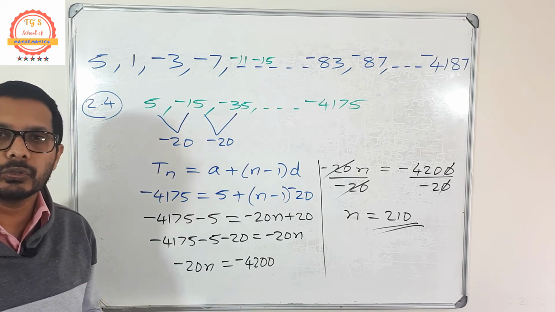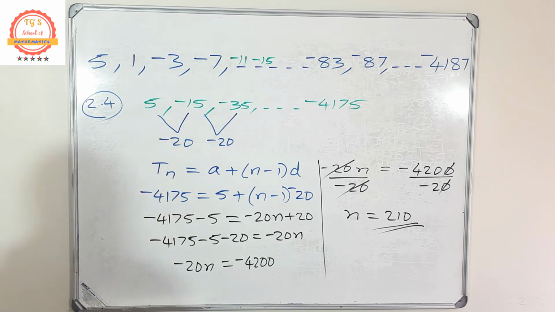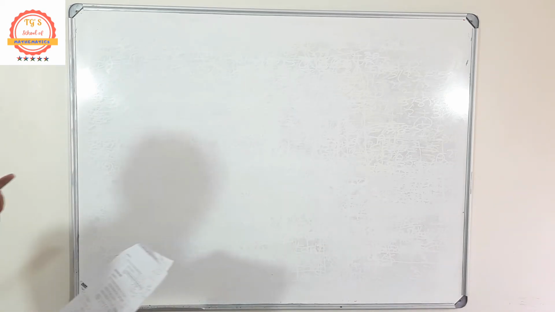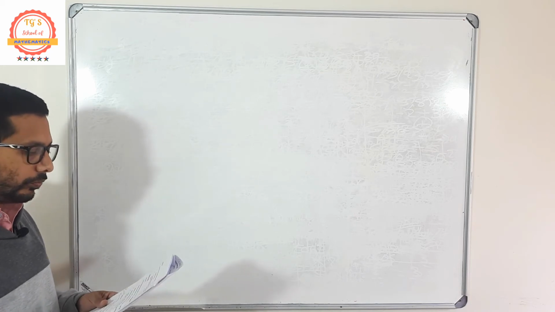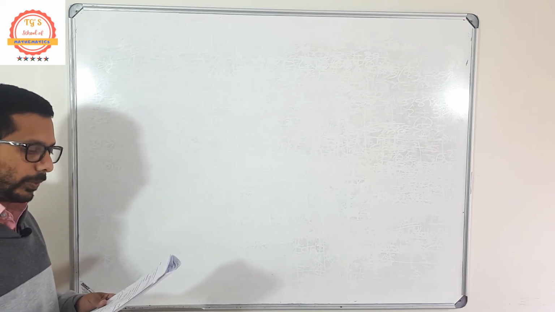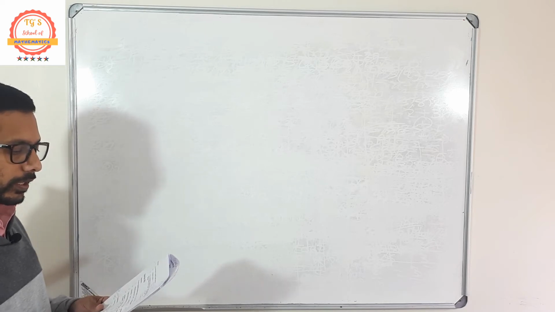Now we have to go to question number 3. Question number 3.1. The first 4 terms of a quadratic number pattern are minus 1, x, 3 and x plus 8.